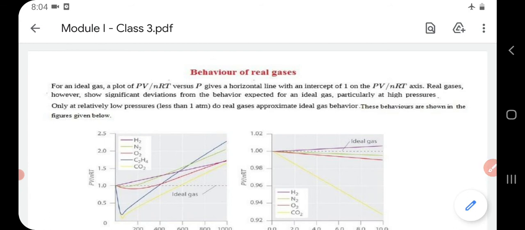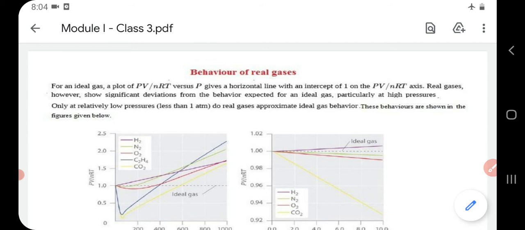So regarding the theory, for an ideal gas, a plot of PV by nRT versus P gives a horizontal line with an intercept of 1 on the PV by nRT axis. Real gases, however, show significant deviations from the behavior expected for an ideal gas, particularly at high pressure.